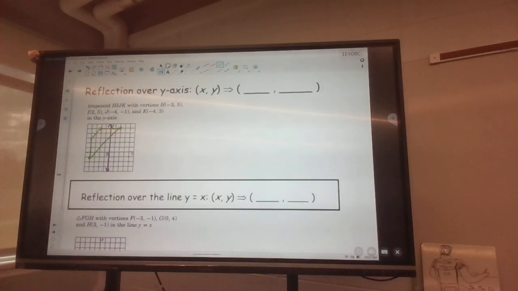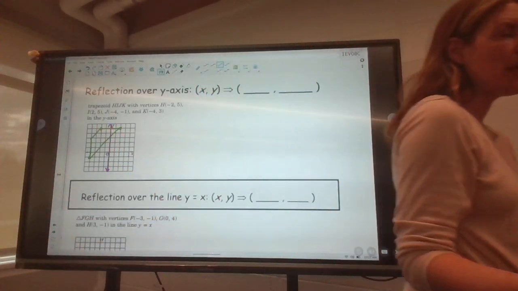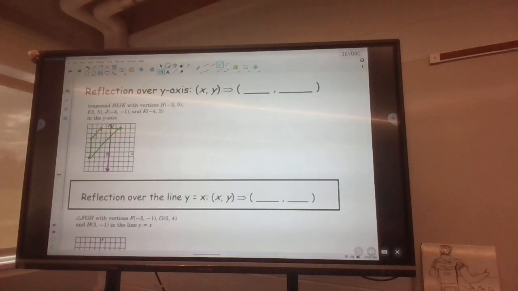So now we're flipping it over that purple line. So it should come over and flip over this way. Like we talked about, you might be able to just visualize where that would be. But if you use the conclusion from the last one, we changed the value of the y. This time we're going to change the value of the x. So the y is going to stay the same, and the x is just going to flip.